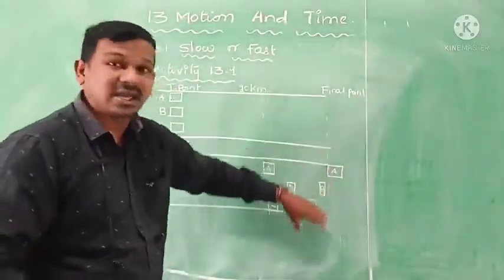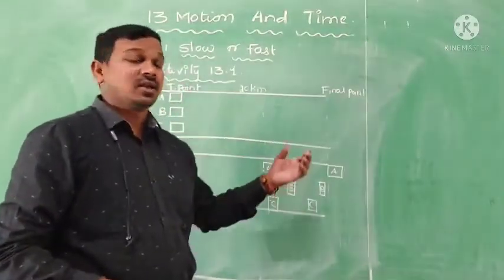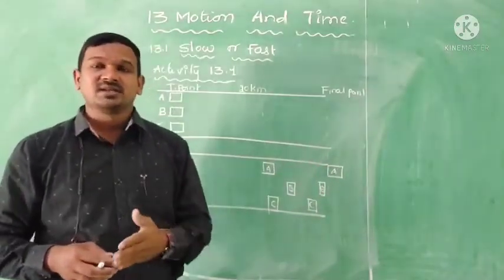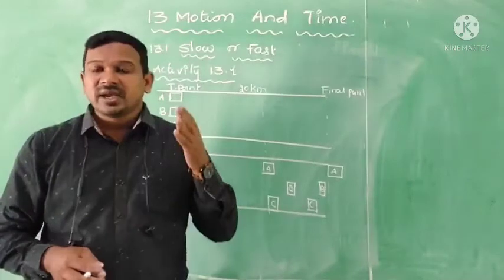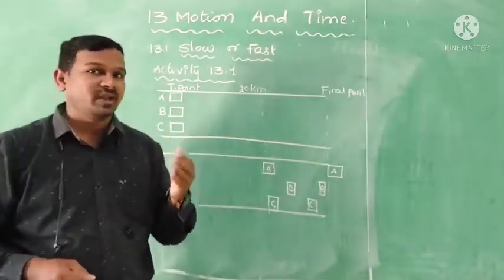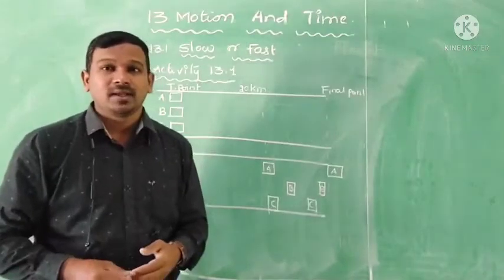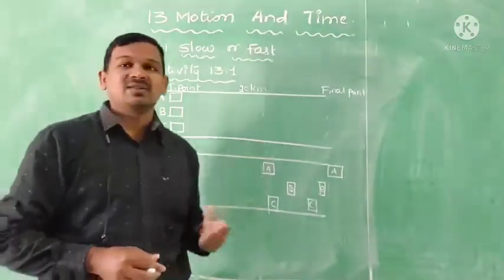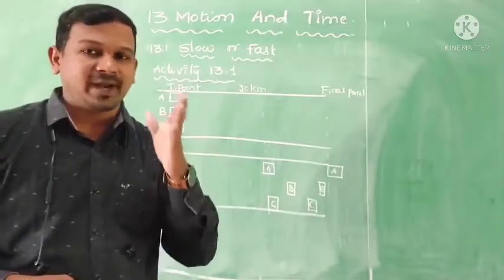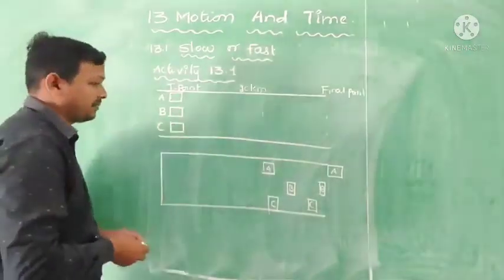So by seeing this activity we can say that if any body covers the given distance in a less interval of time, in a less span of time, then that body is said to be going very fast. Now, based on this activity, we will come to a definition, that is speed. What is speed?